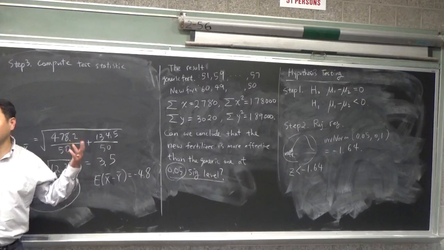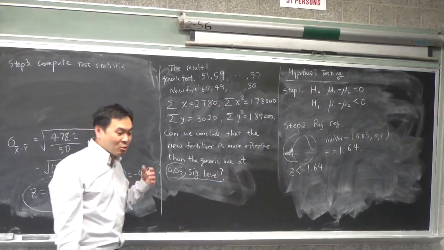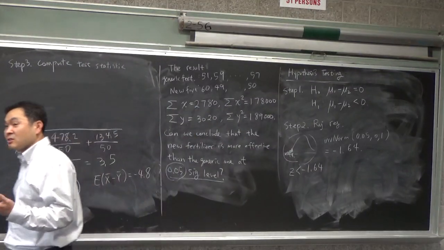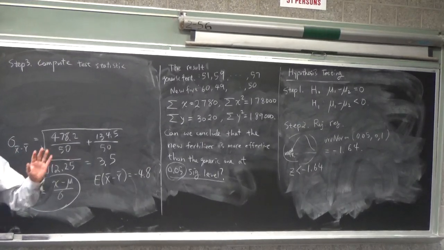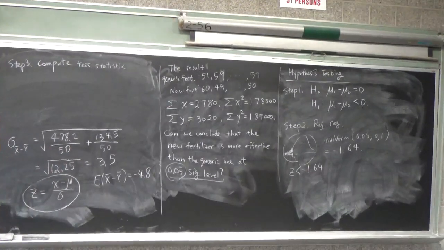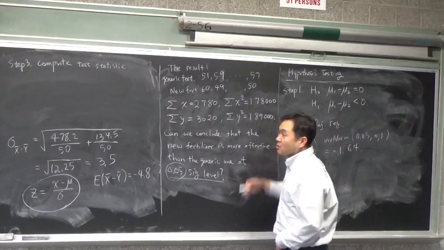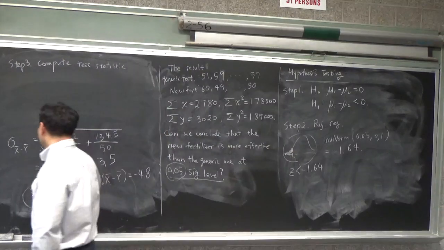The formulas for the t-score or the z-score are exactly the same. It's just to remind you that one follows the standard normal distribution, the other follows the t-distribution. The t-distribution requires degrees of freedom, which is more work. Because our sample size is big enough, it's more than 50, we can just use the normal distribution.